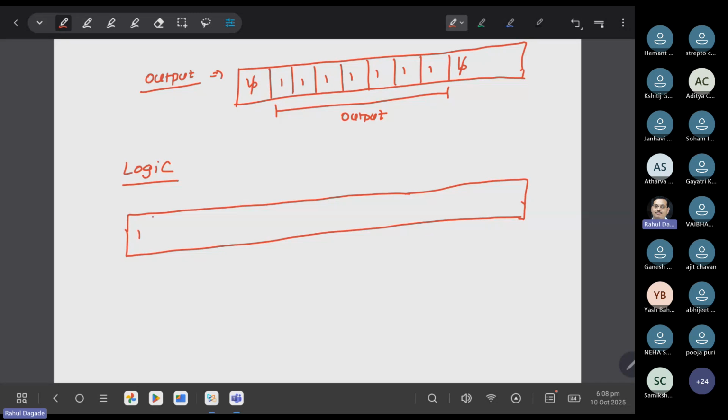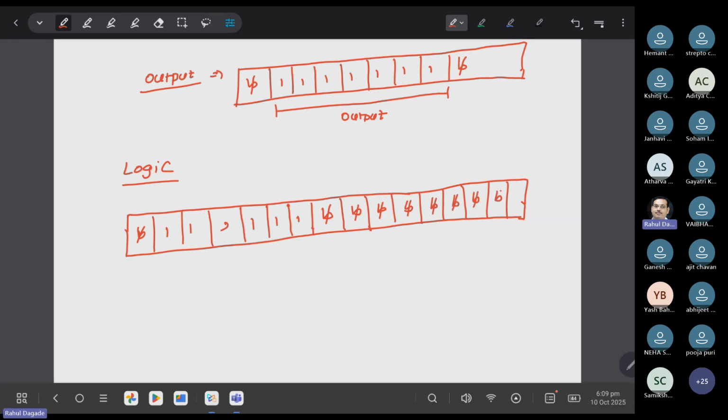Let's say the initial tape is blank 1 1, so the first number is 2, then a comma, and the second number is 1 1 1, and then it is ended by blank. Later on we have some spaces to write the output, 1 2 3 4 5, and they are all blank right now. They don't have any value in them.